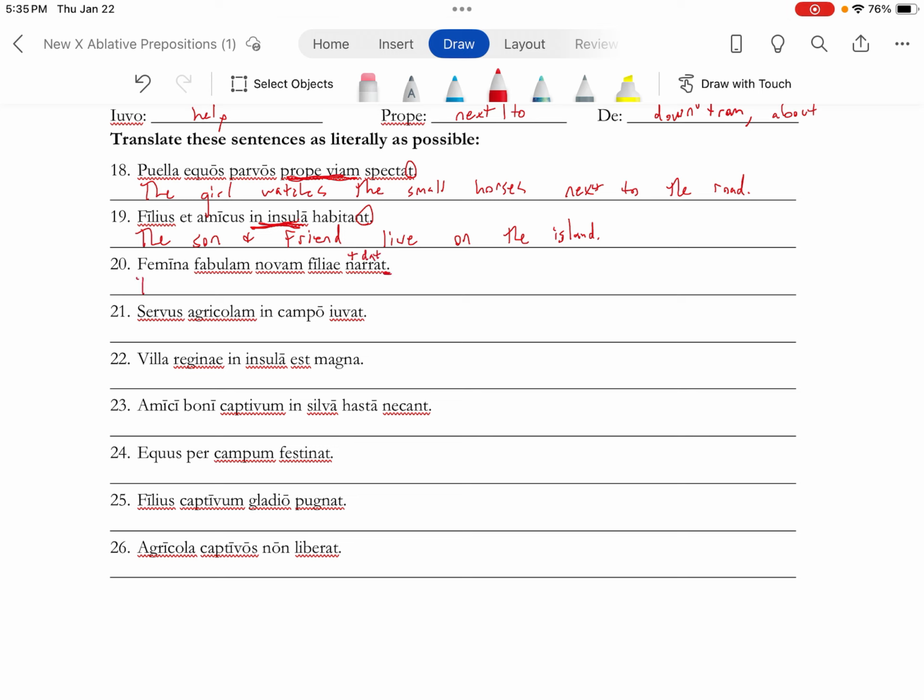The T is he, she, or it, so that's the woman. Narrat tells a novam fabulam, a new story or a strange story. Filiae, to her daughter.